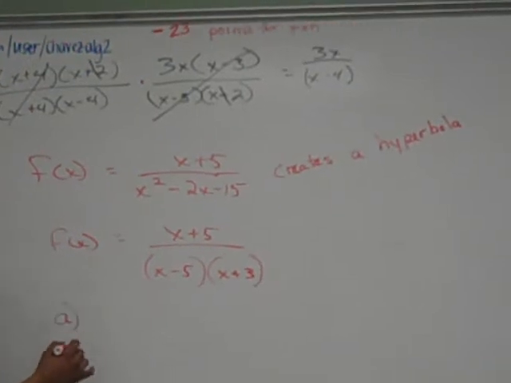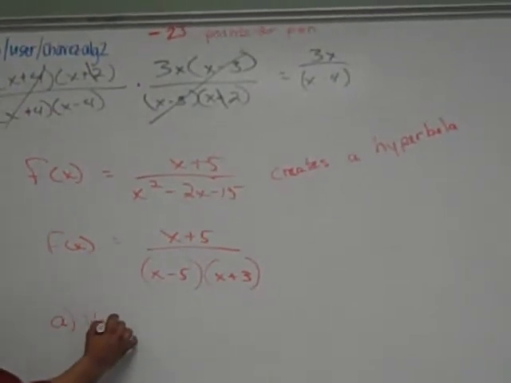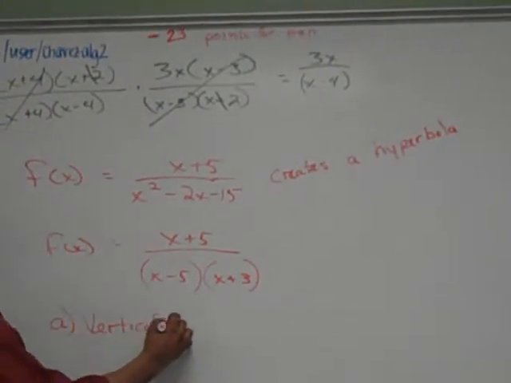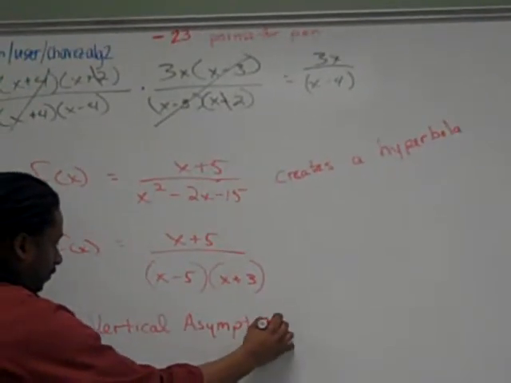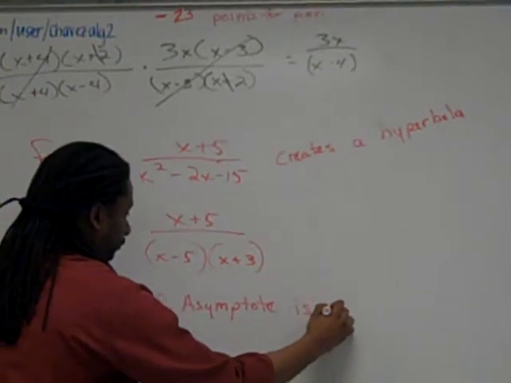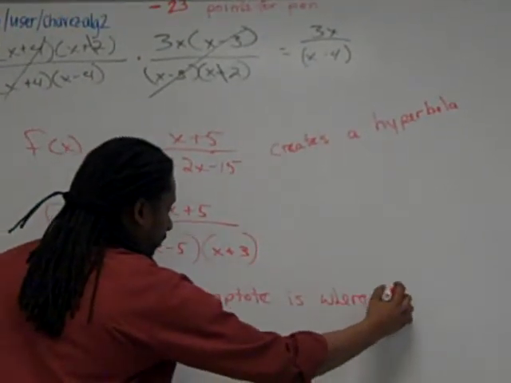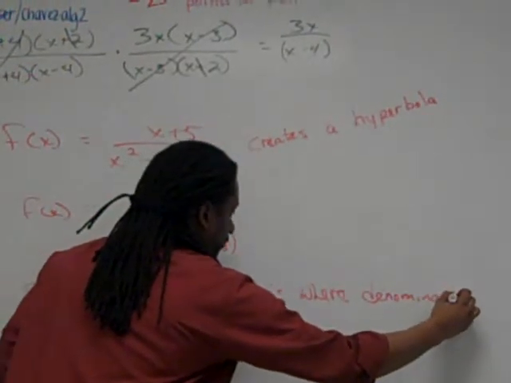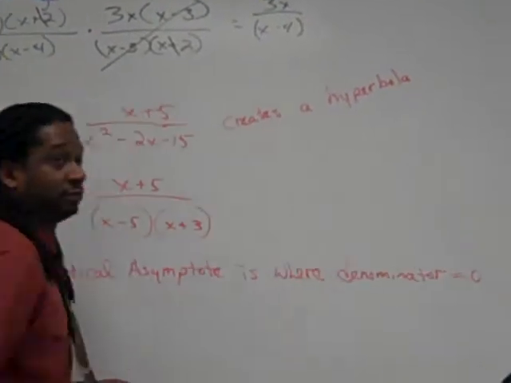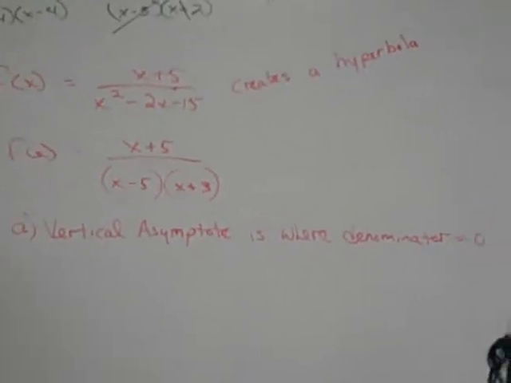Now, your vertical asymptote is where the denominator equals 0. So, look at your denominator.